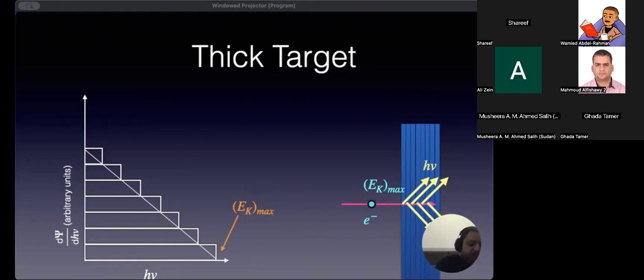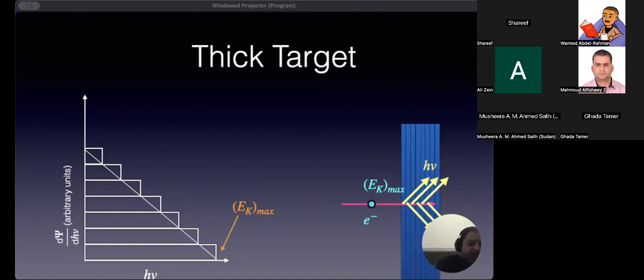So the fluence from the second layer is still going to be constant, but it's going to have a lesser value of maximum energy. And you can do this for the third and the fourth and so on, until the electron stops in the target. So essentially, think of the target as made from different layers.